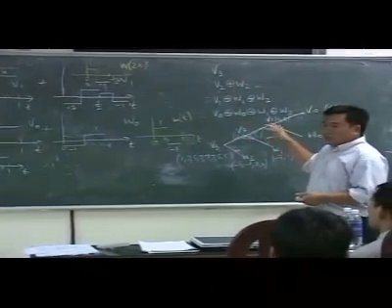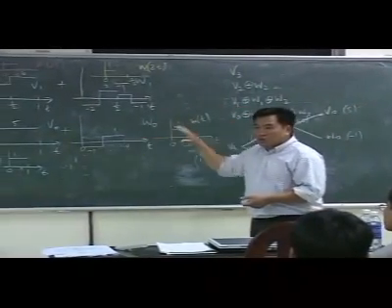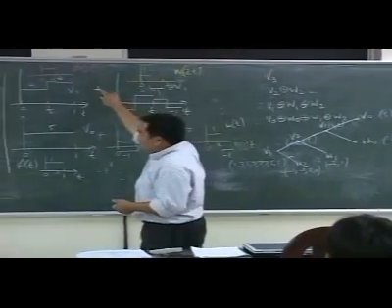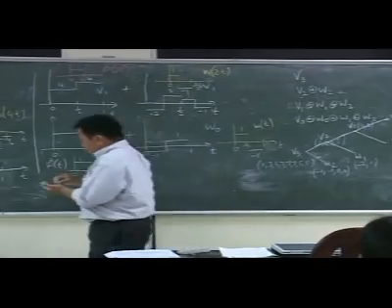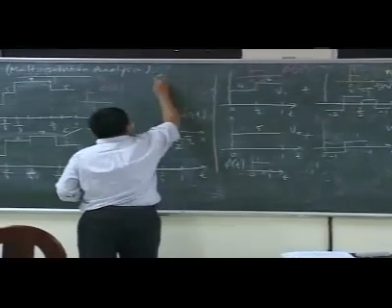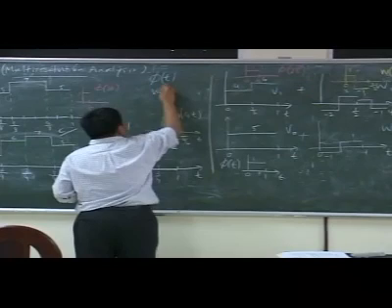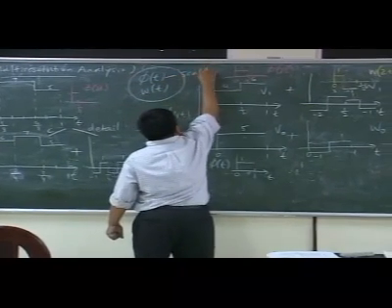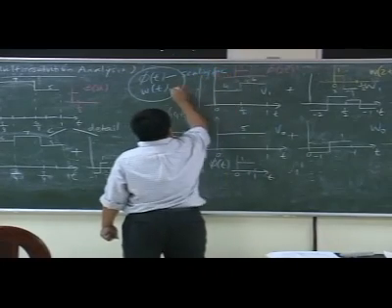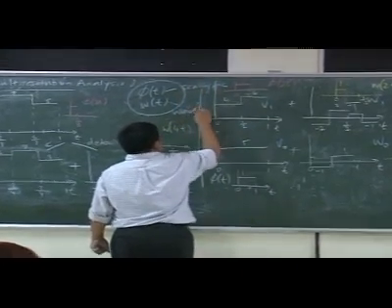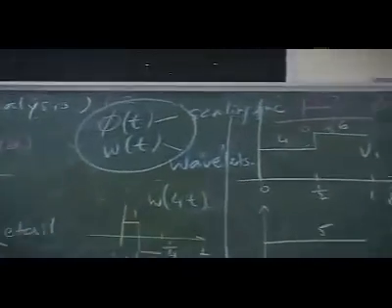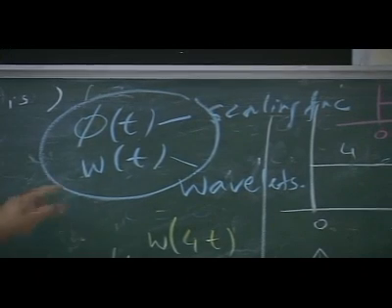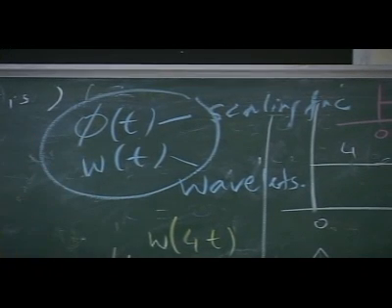That's an example. You see all the basis functions associated with this. The nice thing here is that the basis function has scale. They have phi of t. I only have to know phi of t and w of t. The scaling function is called scaling function, and this is called wavelets. For every dyadic wavelet system, there is a scaling function associated with the low pass operation.